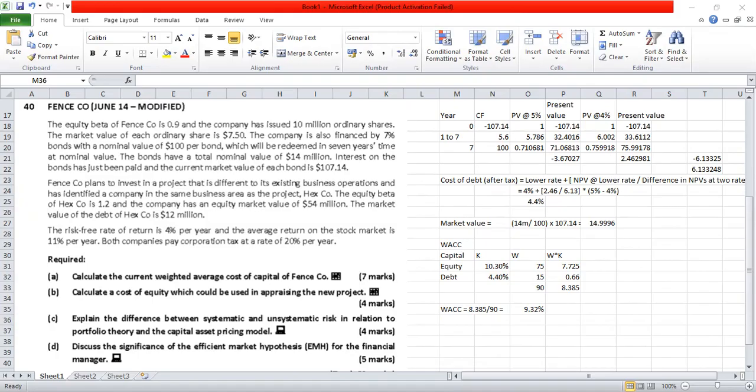Here we are looking at an investment proposal which has to be invested in the market. There is another company, Hex company, whose data is also given, along with the beta and the return from the market. So here the cost of equity will not be based on the dividend growth model, but on the CAPM model.